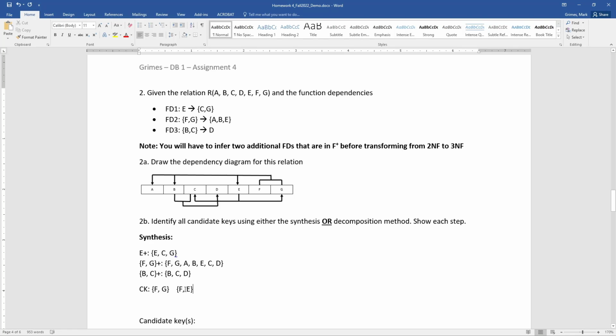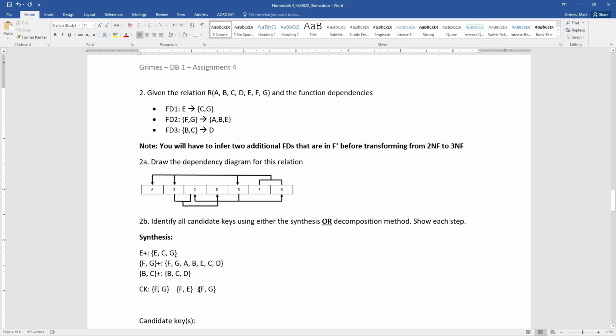Okay, now are any of these attributes dependents in any of these functional dependencies? And yes, E also is, right? So anywhere we see an E, we could put FG. Okay, so that's going to be FG, and we don't need this repeated attribute here, so this just turns into FG, which is the same candidate key we had already identified.